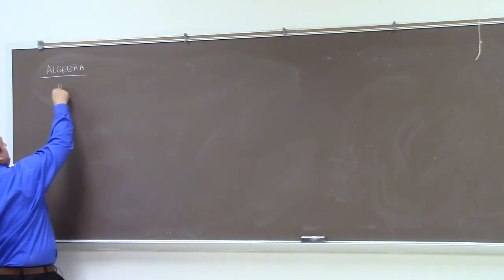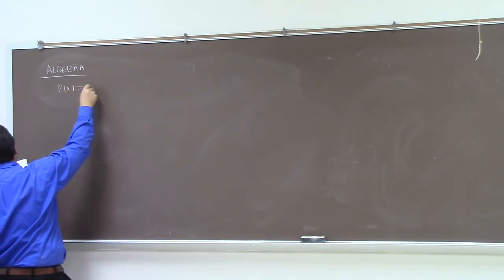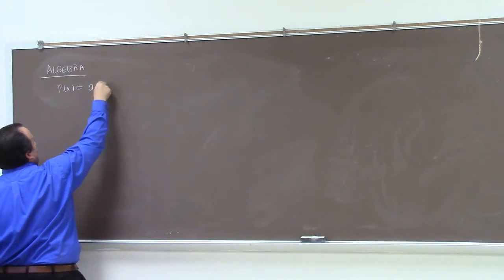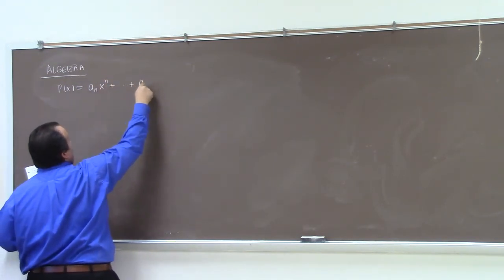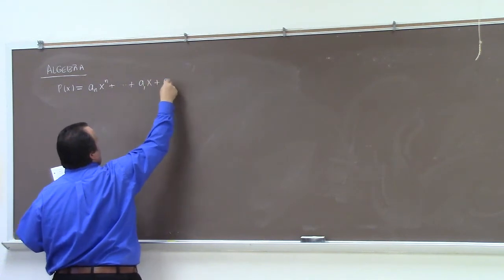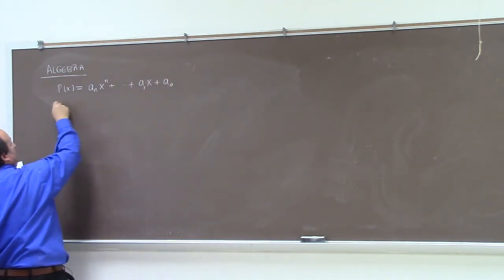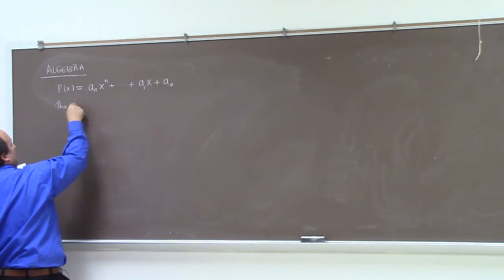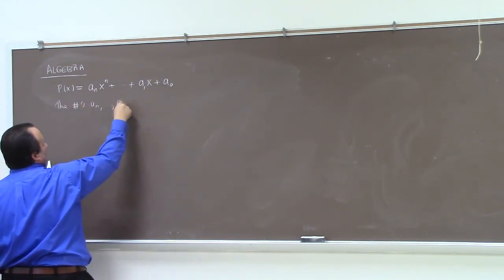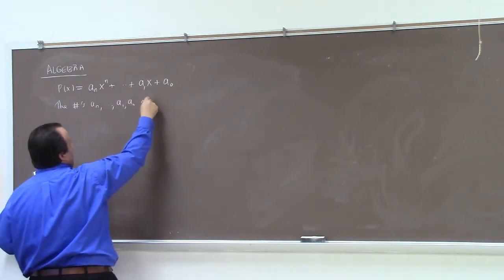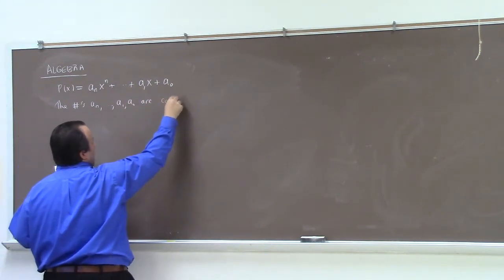So a polynomial is something of this form, right? So here, the numbers a_n, a_1 through a_0 are, what are they called? They're the coefficients, right?